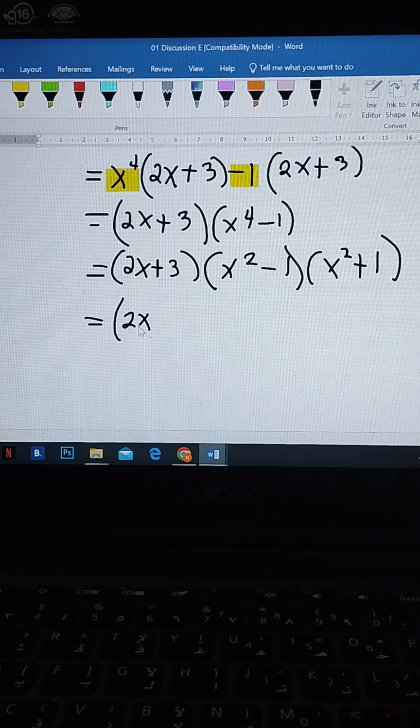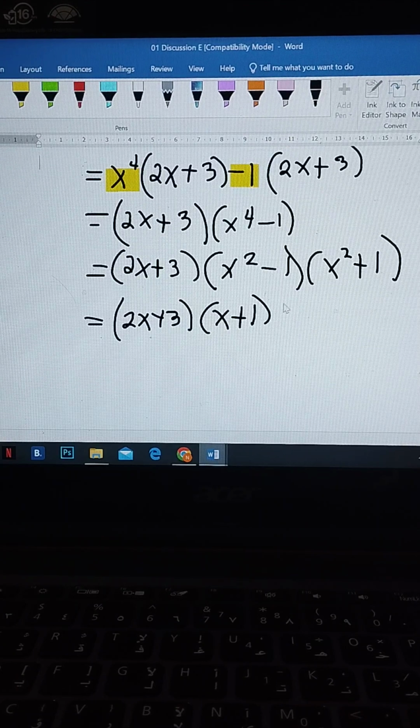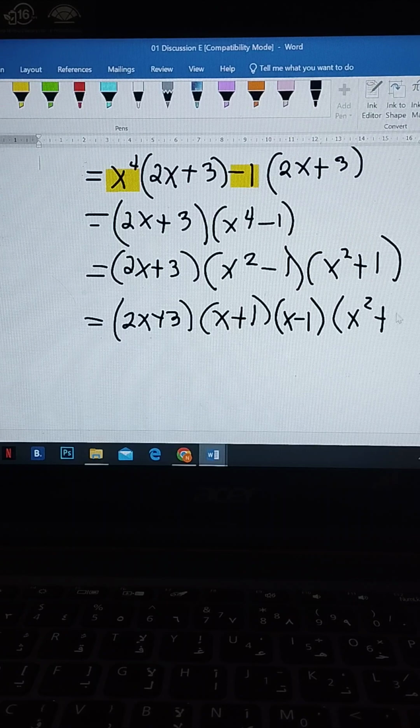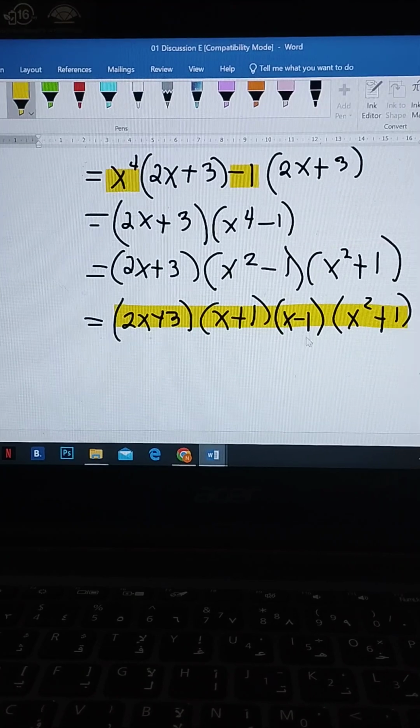So 2x plus 3, x plus 1, x minus 1 times x squared plus 1. So this is now the complete factorization of the polynomial.